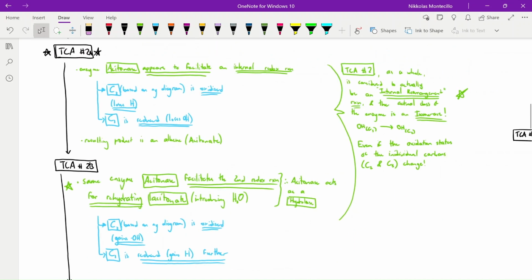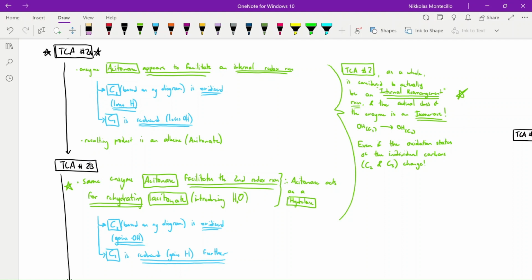So in a sense, I can see that the overall process for TCA2A and TCA2B would be considered redox, since the oxidation states of these two carbons change.